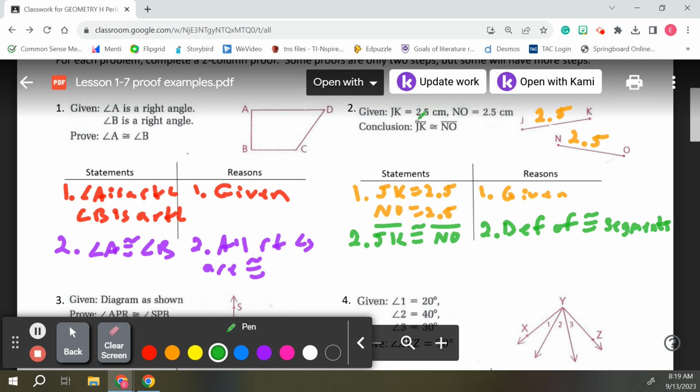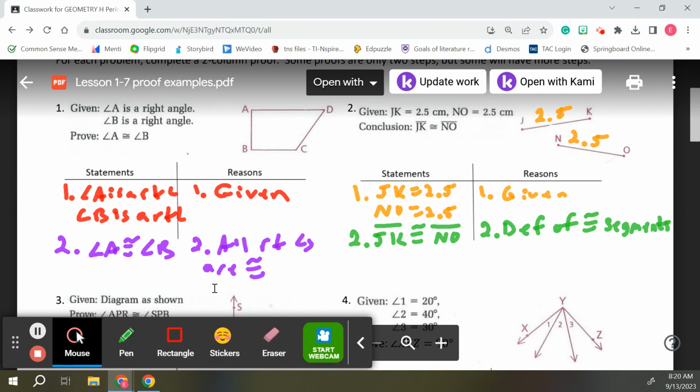When you're talking about just the segment itself in a theorem, that's when the line is above it saying, hey, this is a segment. So we have to put the line up there to let them know it's a segment, okay? So whenever you're in congruency, you have to be very careful about the notation compared to when you're in equality, okay? All right, questions on that?